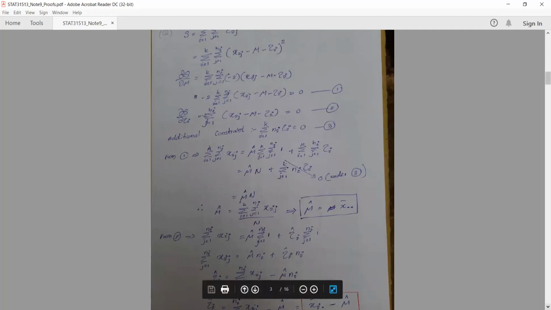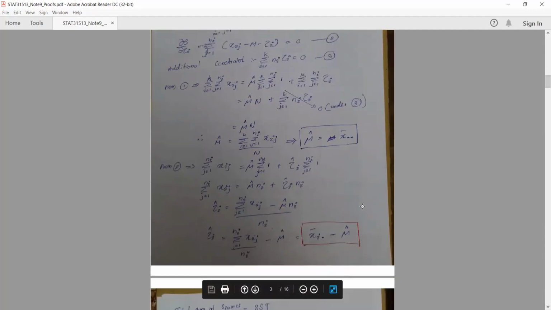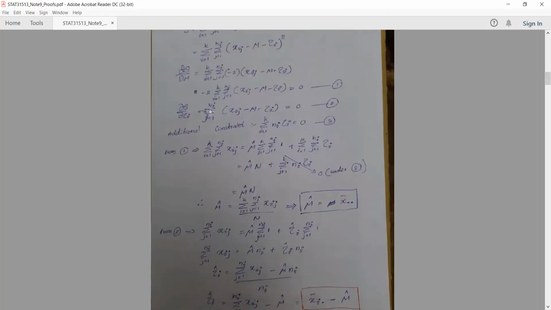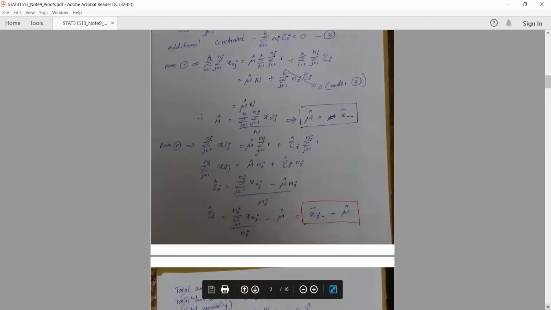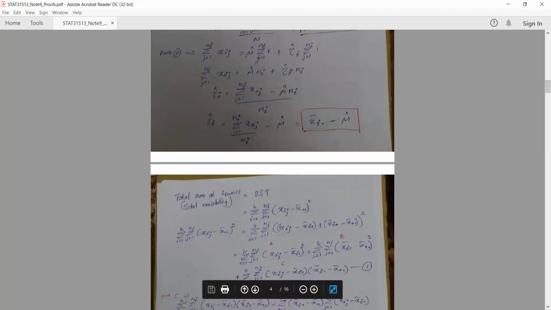So we can use x double dot bar as an estimator for the mean. Now if you take the second equation and divide both sides by -2, here you have summation j goes from 1 to ni, xij minus mu minus tau I is equal to 0. On your left hand side, you can keep xij, where j goes from 1 to ni.